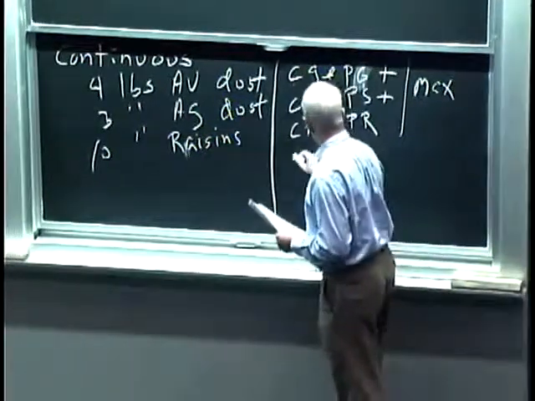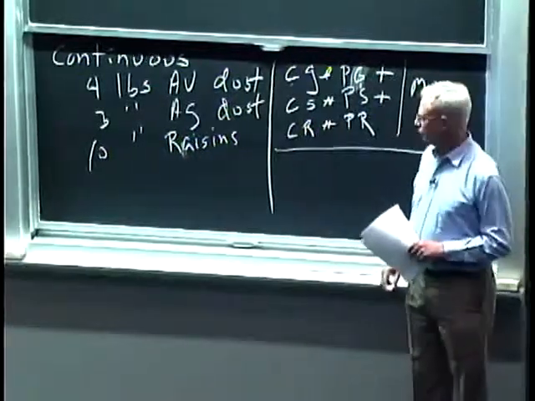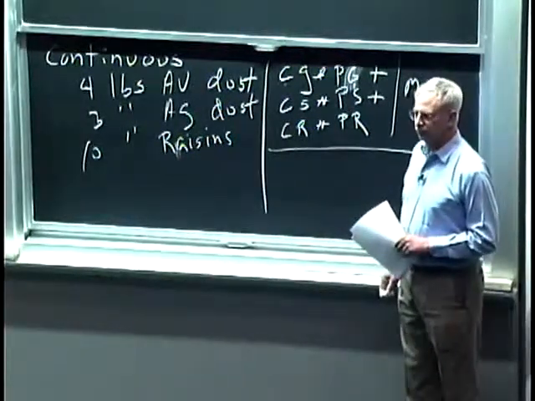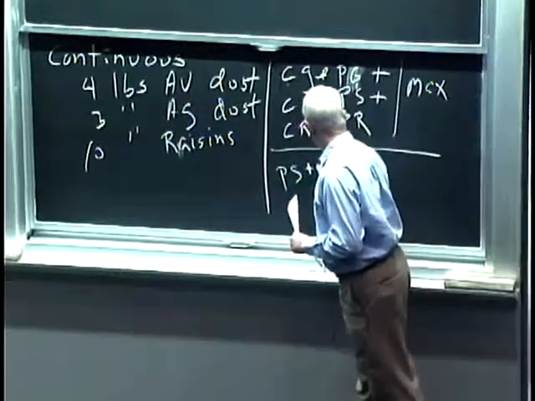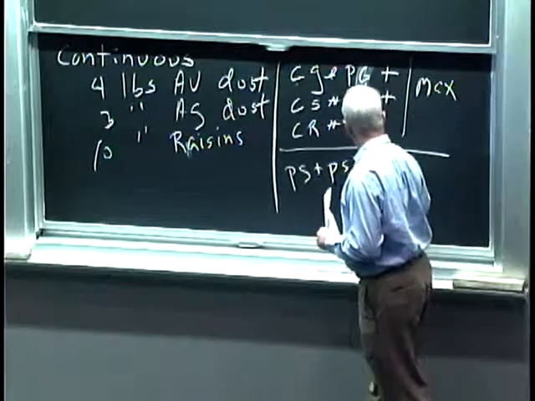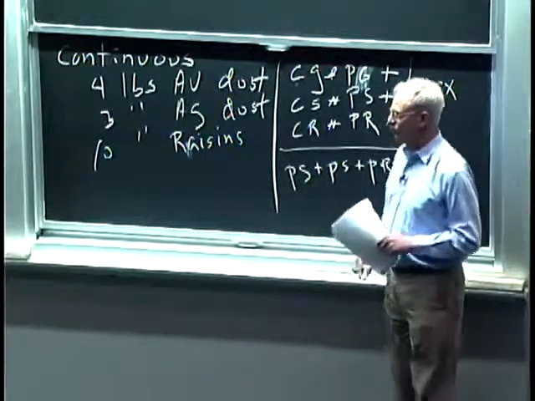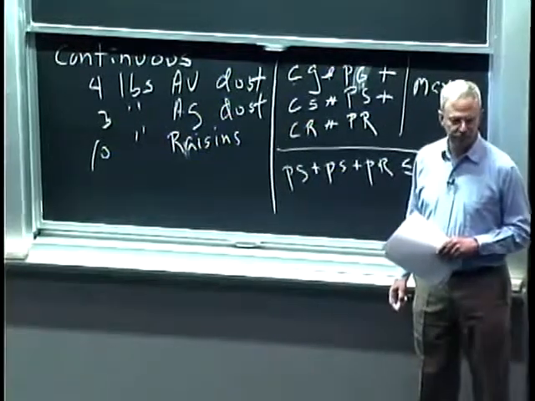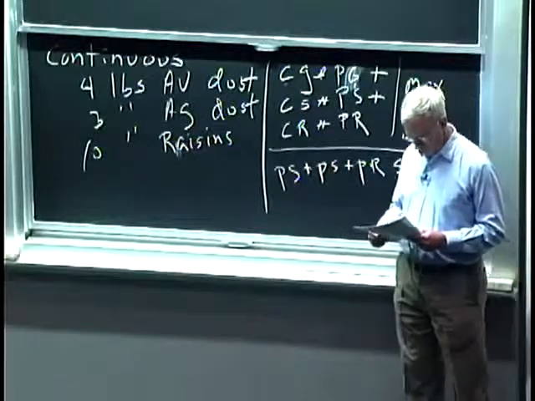And the constraint is what? It's that the pounds of gold plus the pounds of silver plus the pounds of raisins is no greater than 8. So I've got a function to maximize and a constraint that must be obeyed.